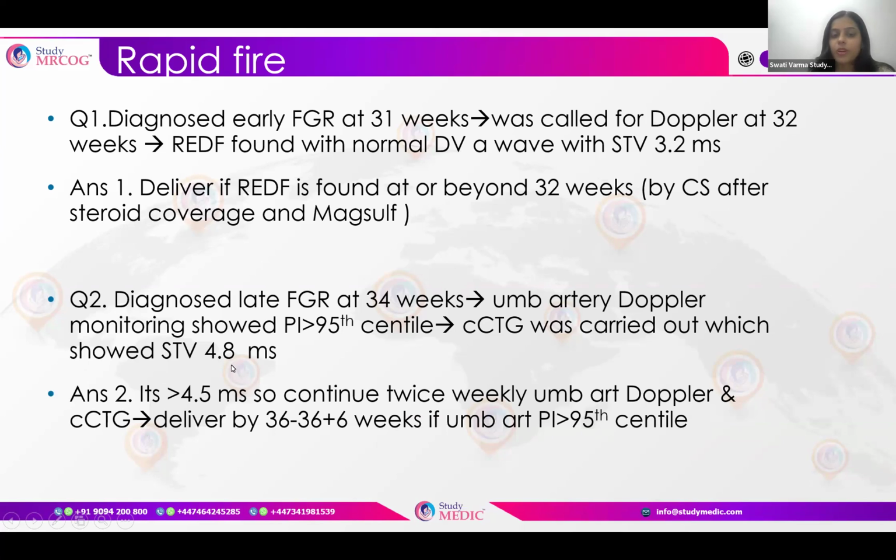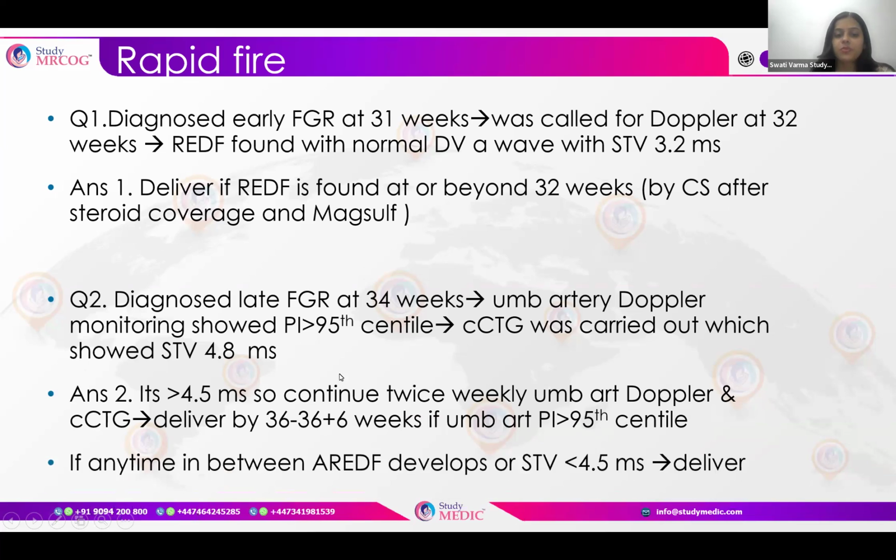Since it is more than 4.5, continue twice weekly umbilical artery Doppler and CTG. And whenever this umbilical artery Doppler PI is persisting more than 95th centile, deliver by 36 to 36 plus 6 weeks. And if at any time AEDF develops or STV becomes less than 4.5, then you have to deliver her. But beyond 34 weeks, ductus venosus has no role.